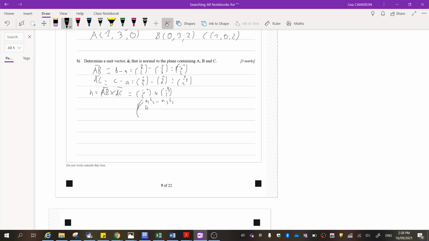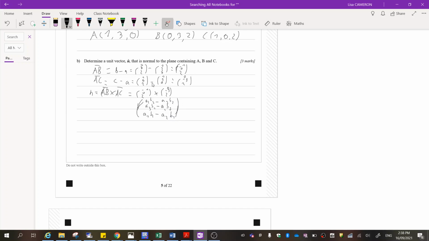And the next would be A3 times B1 minus A1 times B3. And then finally, A1 times B2 minus A2 times B1.